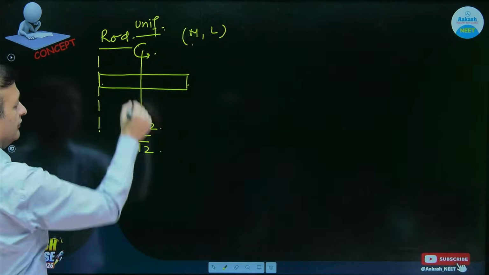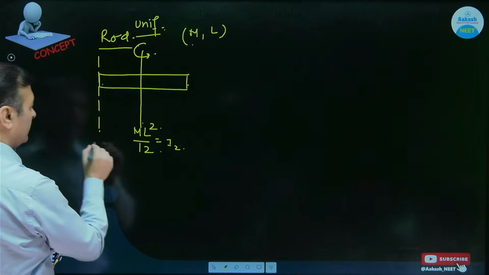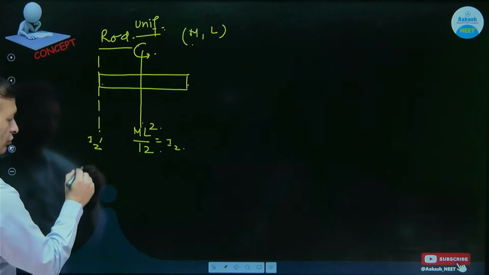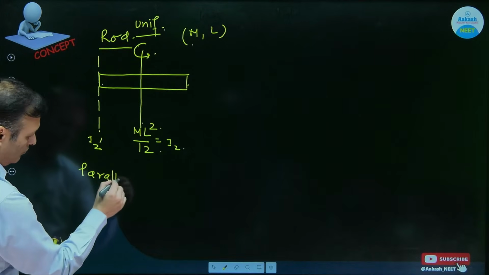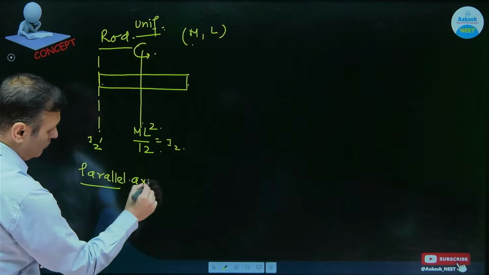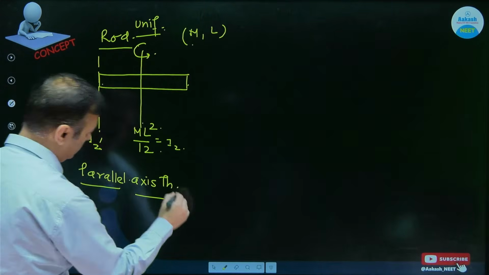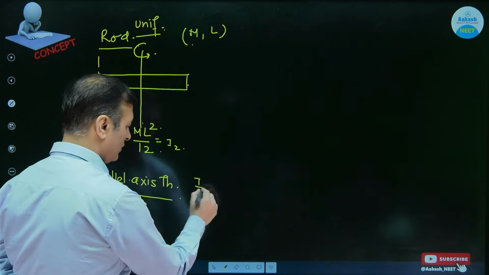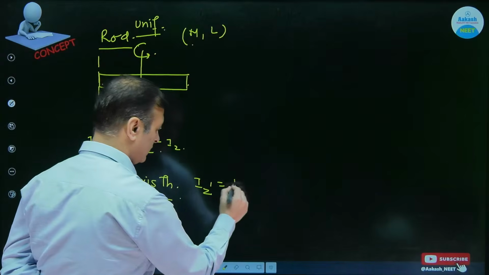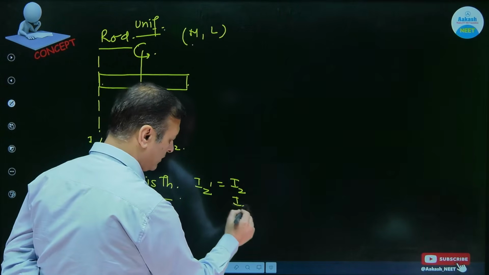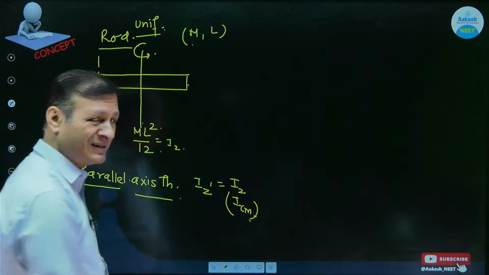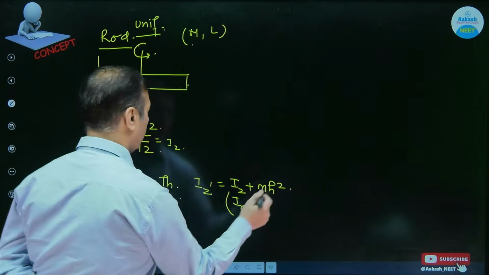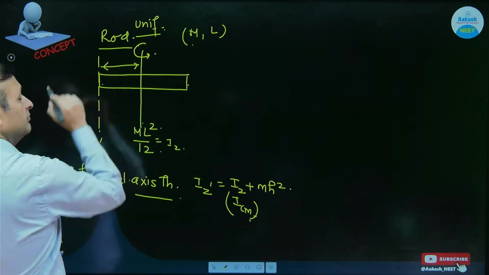And let's suppose I have to find the moment of inertia about this other axis. Let's suppose this is the z axis, and I call this one Iz. Then we follow the parallel axis theorem, which says the moment of inertia about the z dash axis is Iz, which is primarily the moment of inertia about its center of mass, which is important, plus m times h square, where h is the perpendicular distance between these two parallel axes.